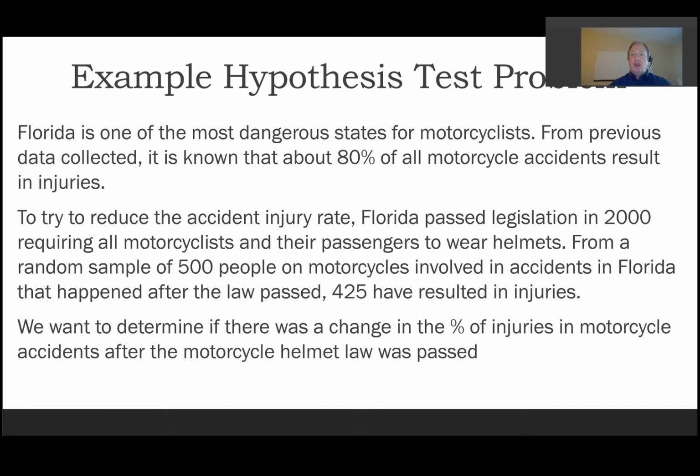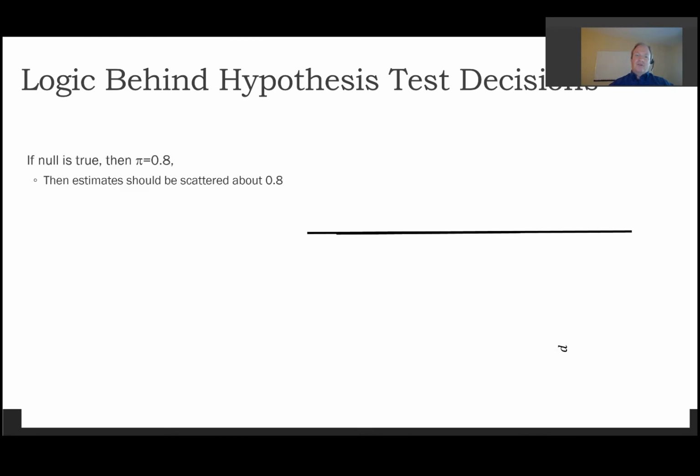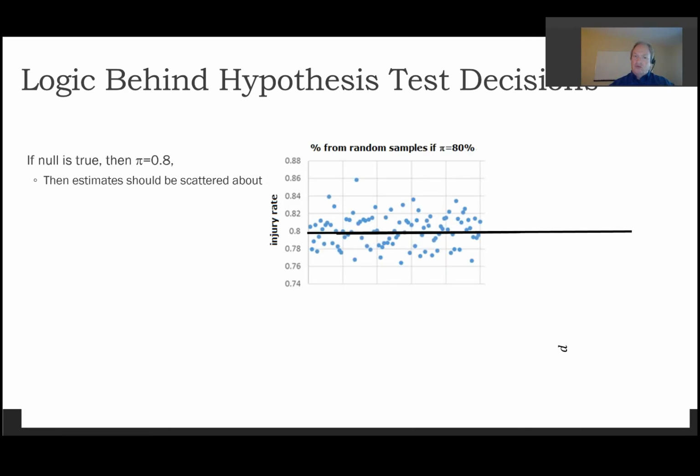So this is the logic behind how we make decisions in statistics using hypothesis tests. If the null was true, then the percentage of people who were injured in accidents after the law was repealed would be the same as before. No change would have occurred. It would have been 80%.